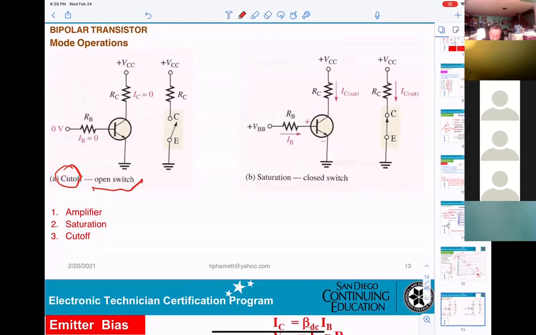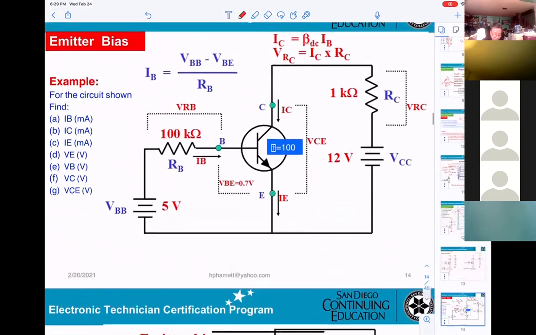Saturation is the same thing, like a switch, used for logic circuitry. So they get a 3-mode operation: amplify, saturate, and cut off.